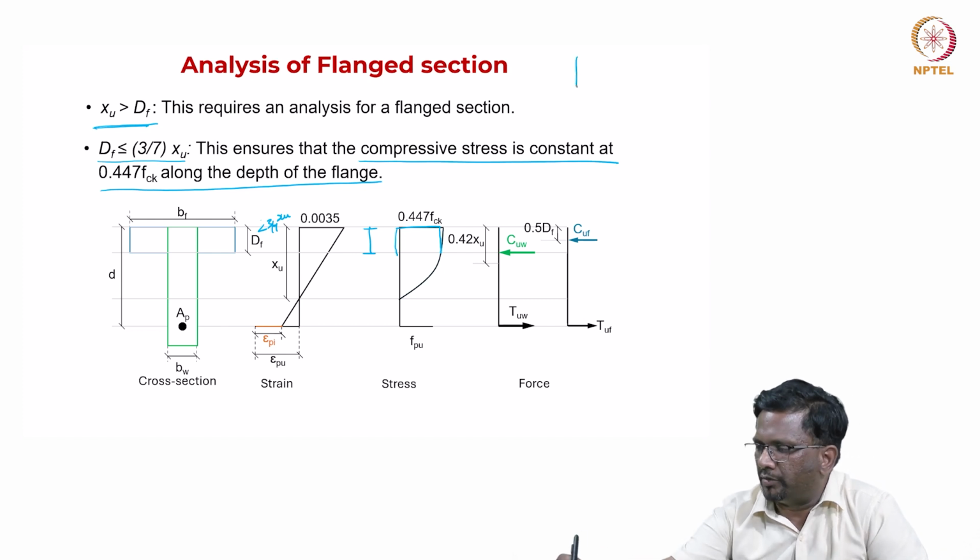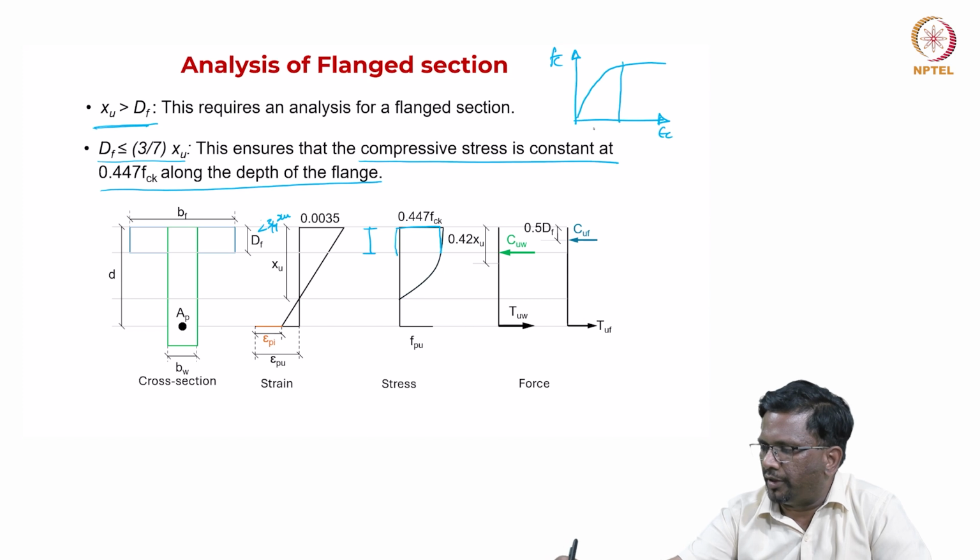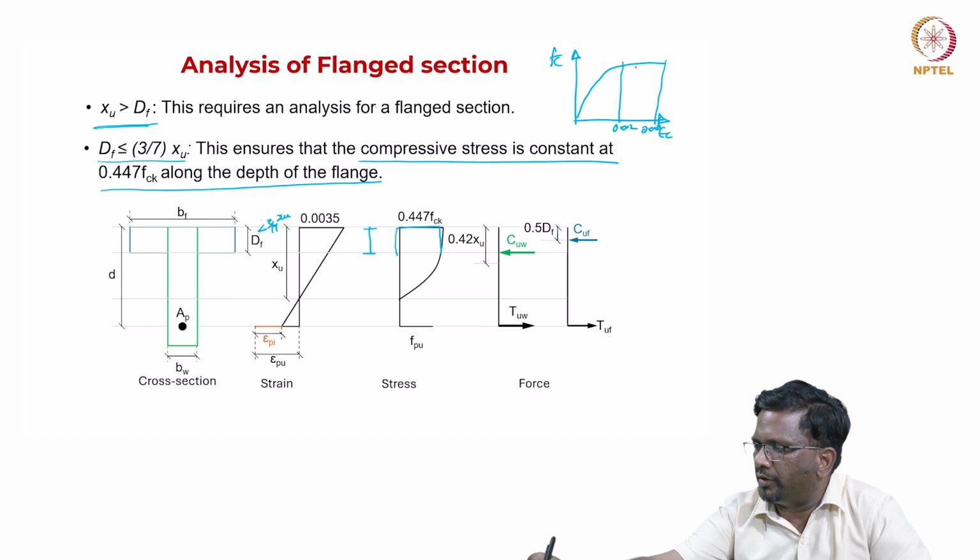If you go back to your stress strain curve, you see that the stress against epsilon c remains flat after 0.002 until 0.0035.